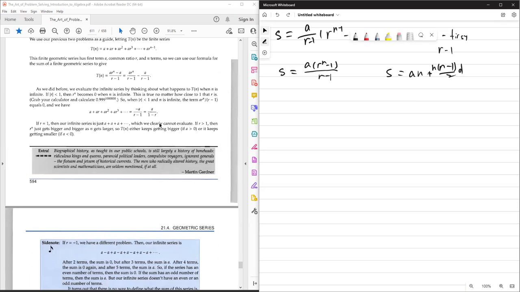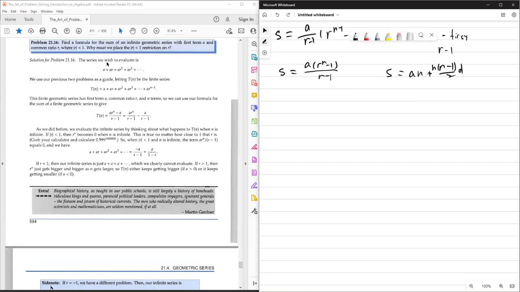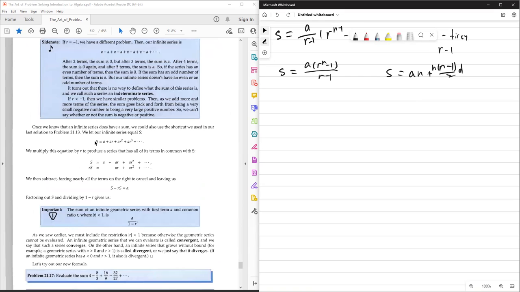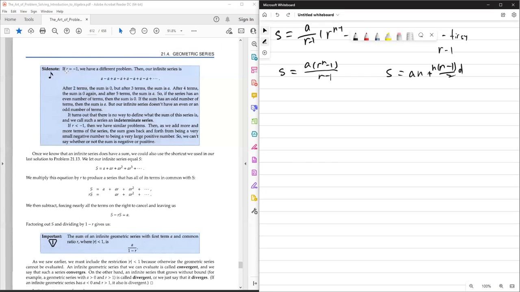That becomes sort of what I was saying, half of the time, half of the time. This is how you can decide whether there is a solution or not. If R equals 1, it degenerates into a series of A's, an arithmetic series with a step of 0.